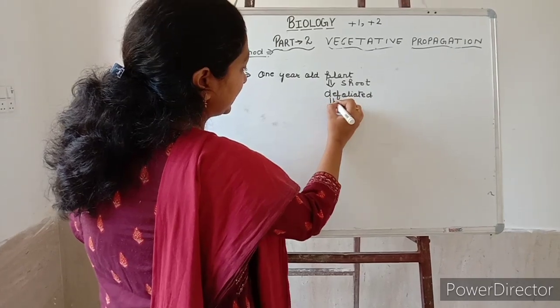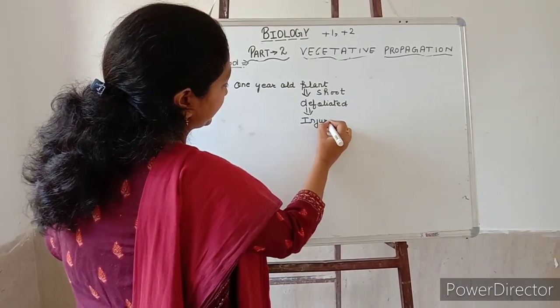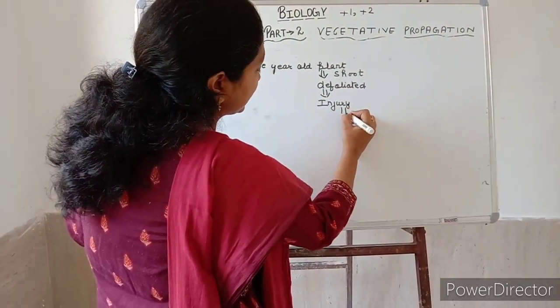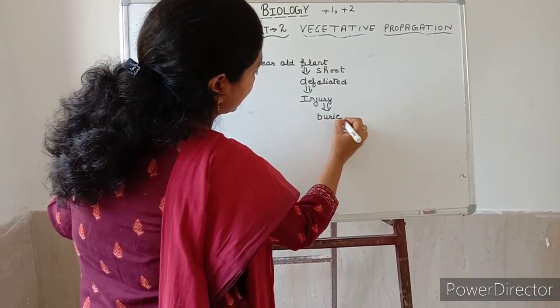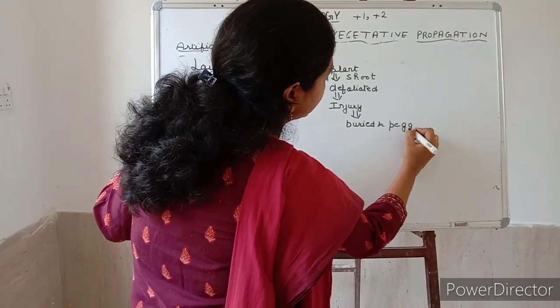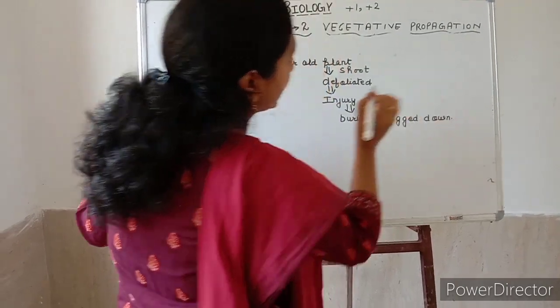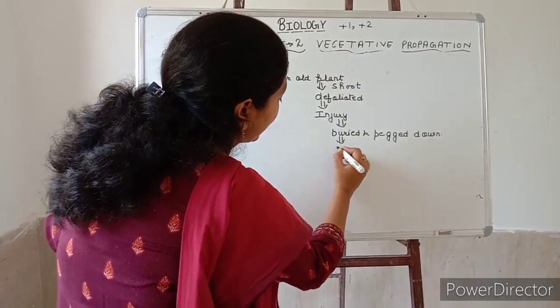After defoliation, an injury is made, and this injured part is buried and packed down in the soil. After some time, it will develop roots.